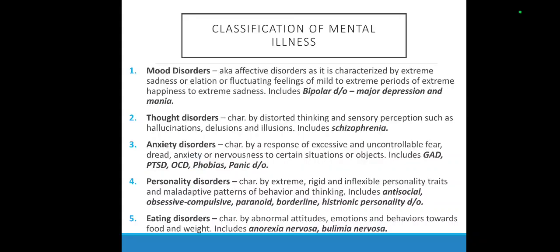The fifth classification of mental disorders is eating disorders. From the word eating, there is a problem with diet or nutrition. This is characterized by abnormal attitudes, emotions, and behaviors towards food and weight. This includes anorexia nervosa and bulimia nervosa.